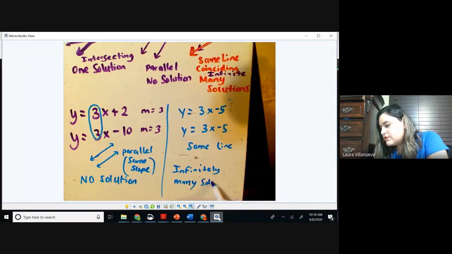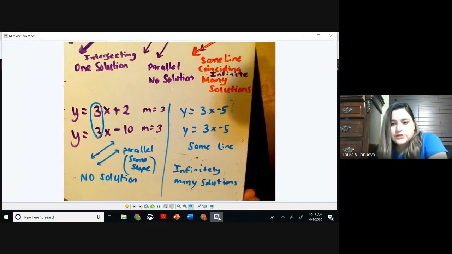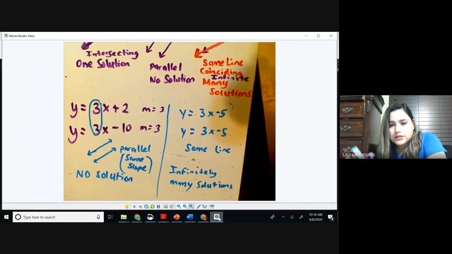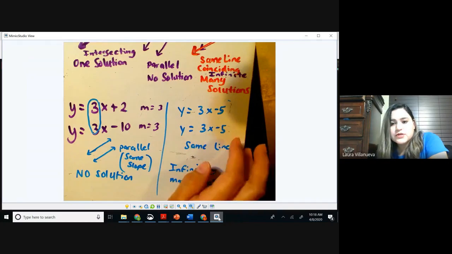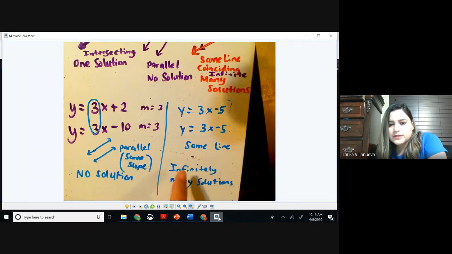Now I'm giving it to you in y equals mx plus b, but sometimes they're not going to give it to you like this. So I'm giving it to you right here like this so that you can understand what's happening. But right now we're going to solve for y so that you can see what kind of lines they are. So this one is 3x minus 5. This one is 3x minus 5. It's exactly the same line, so therefore it's infinitely many solutions.